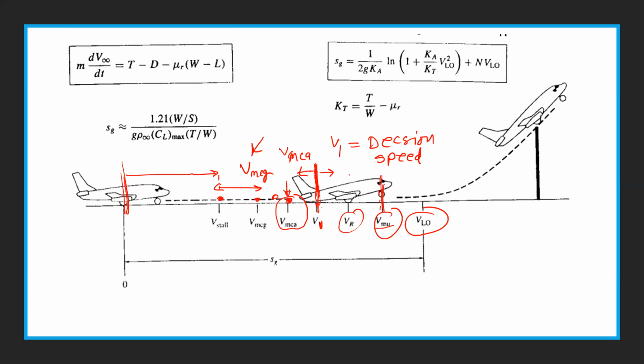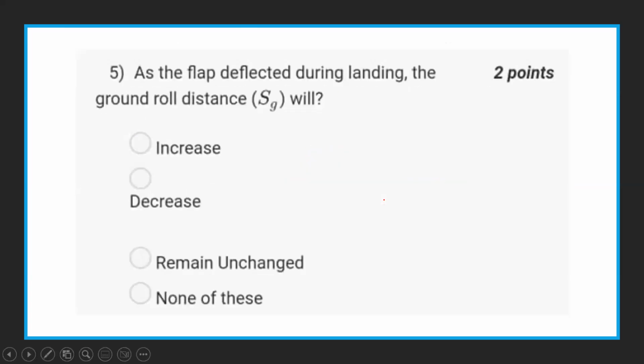Okay, all right. So now we are at the fifth question. As the flap is deflected during landing, the ground roll distance will... Decrease.